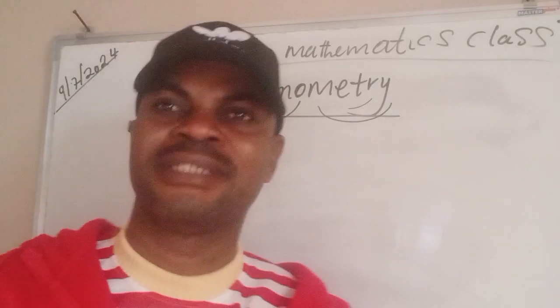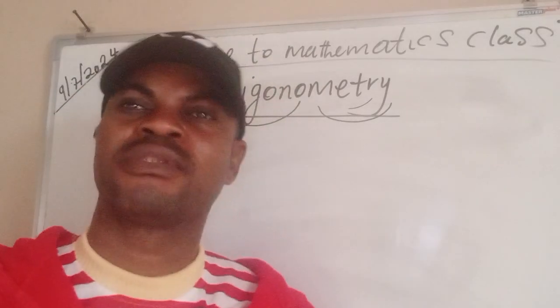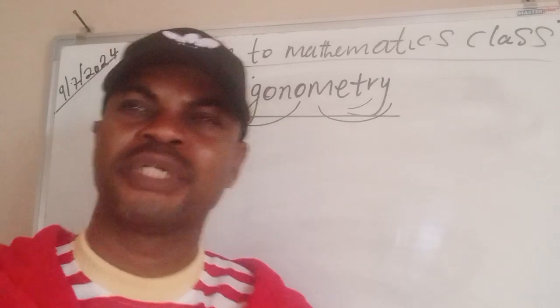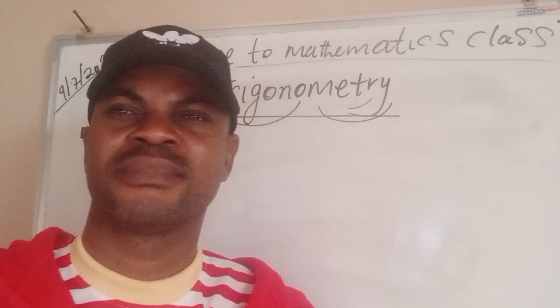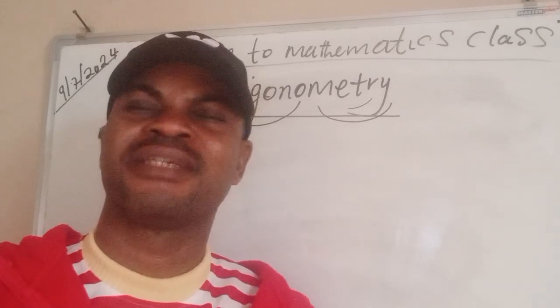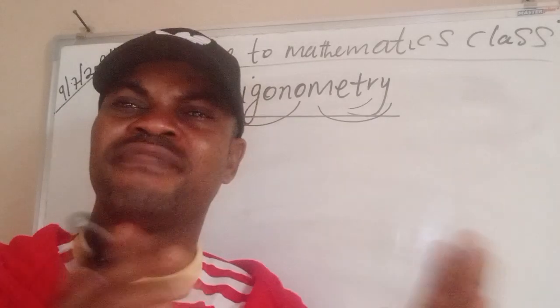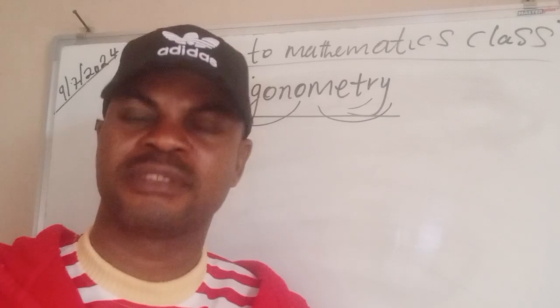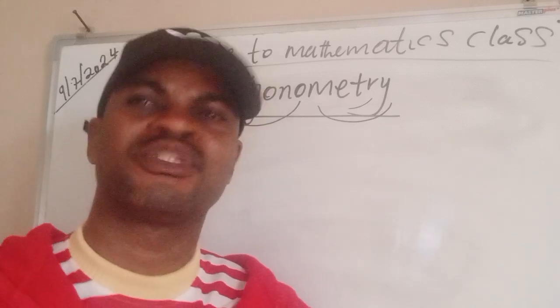But in a more standard definition, trigonometry is simply a branch of mathematics that studies the relationship between the various sides of the triangles as well as the angles of the triangle.